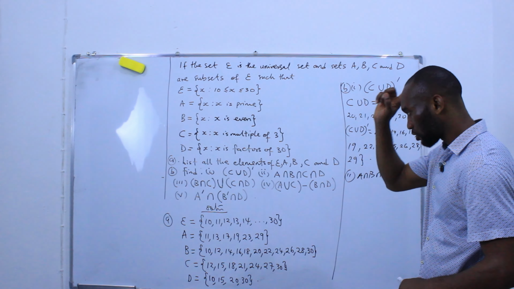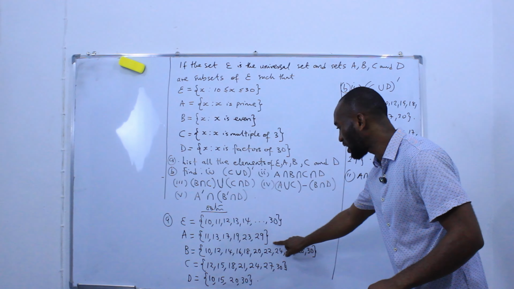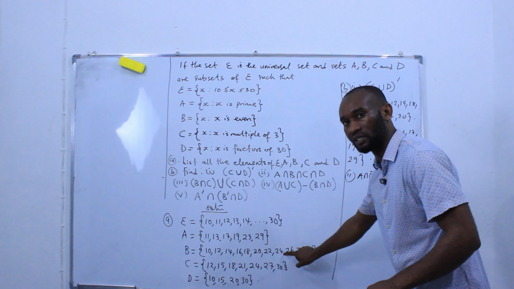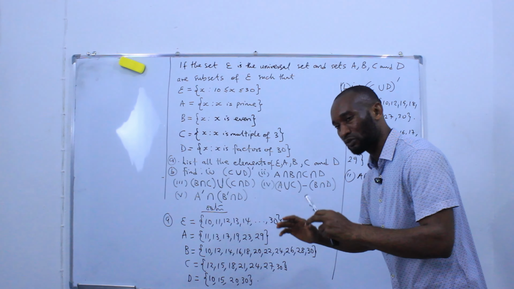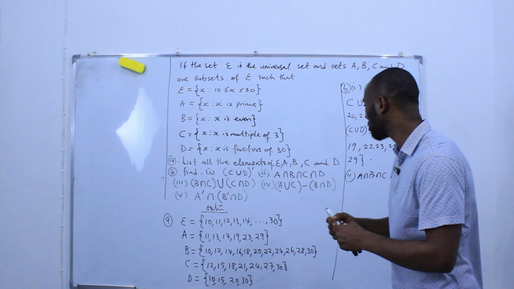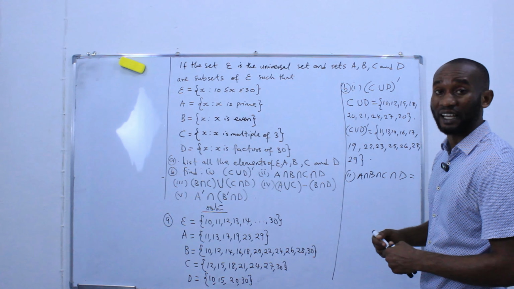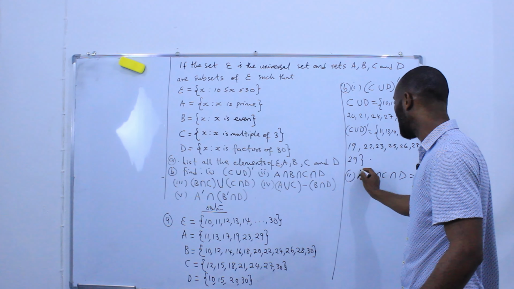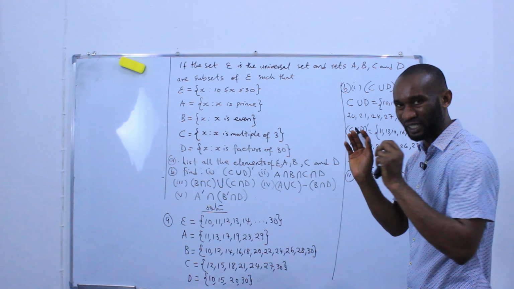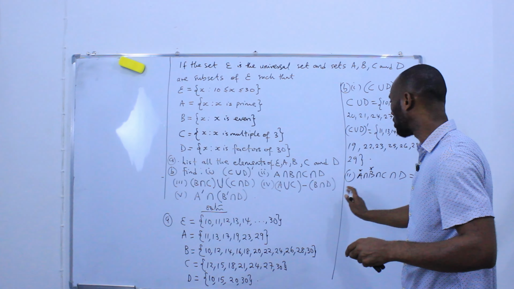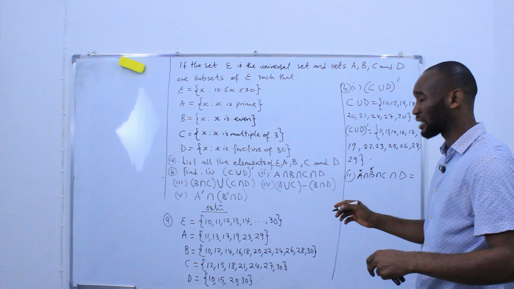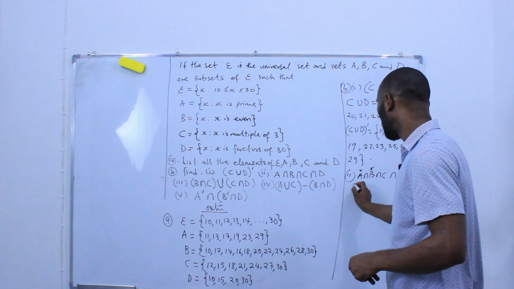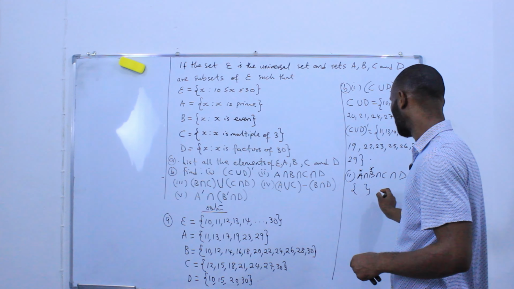But because there are two sets here whose intersection is empty, A and B don't have any intersection. So the whole of this intersection is going to be empty. Because they have nothing in common, I believe that what we have here is the empty set.